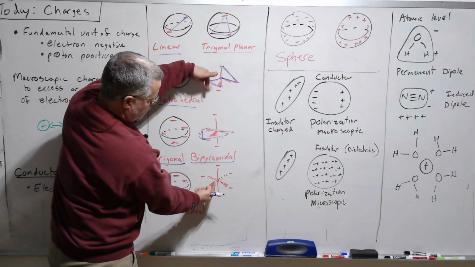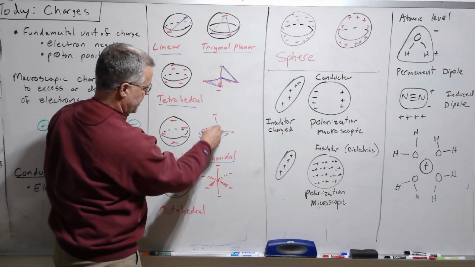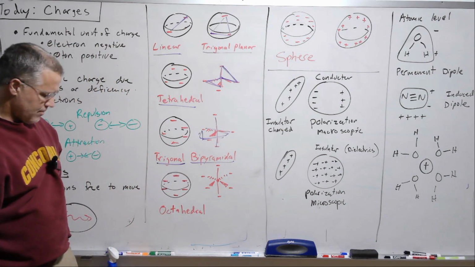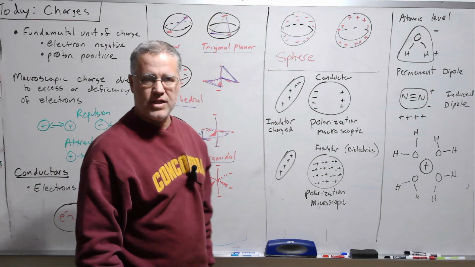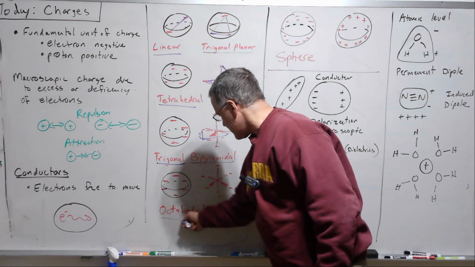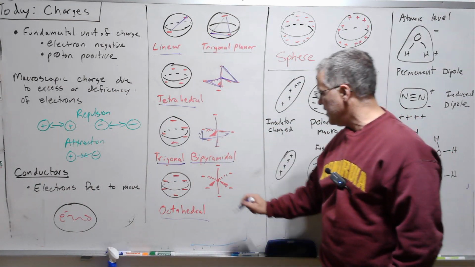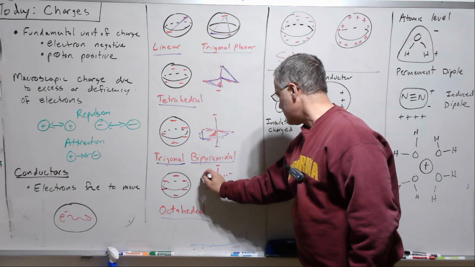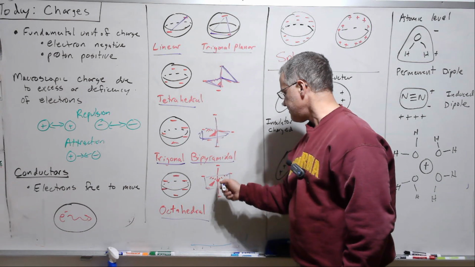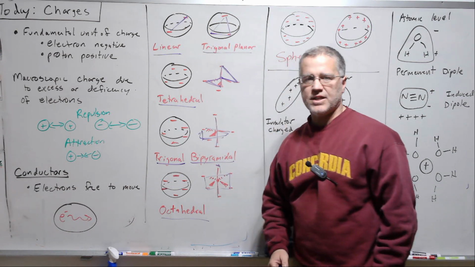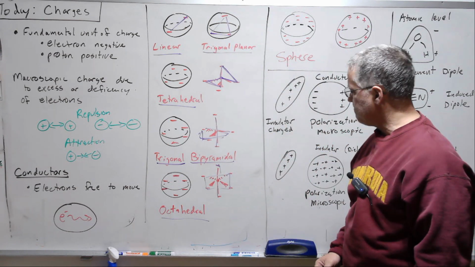And then two along a line perpendicular to that plane, trigonal bipyramidal. And then finally, let's just add a sixth one, and that will form an octahedral configuration. So in any plane, there'll be a square, and then we'll come out 90 degrees to that plane as well.